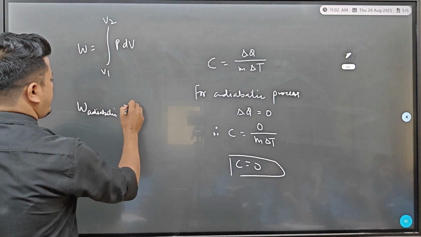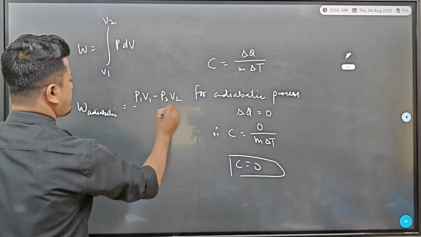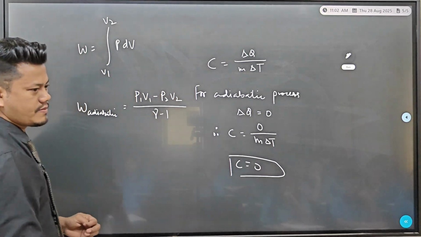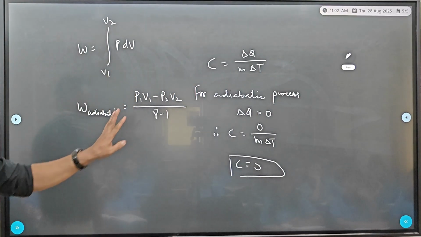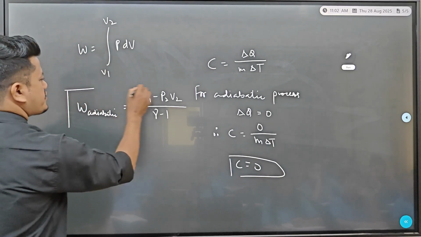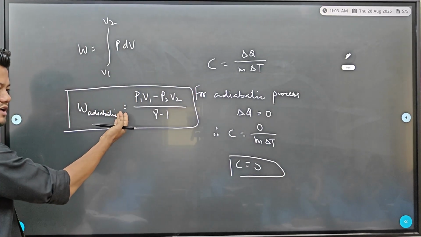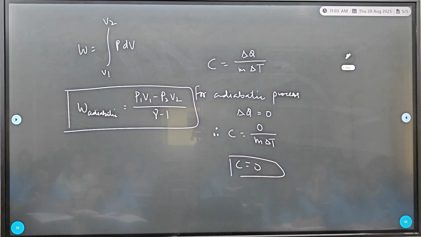Work done under adiabatic process will be (P1V1 minus P2V2) by gamma minus 1. This is the expression which I'll be getting, where gamma is the ratio of specific heats of gases. Got it? For competitive exams, you only need to remember this expression. I hope you understood, right? Please note it down.